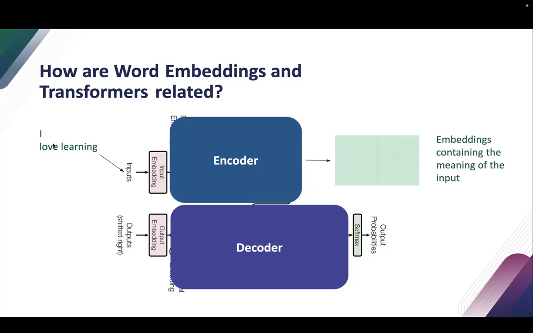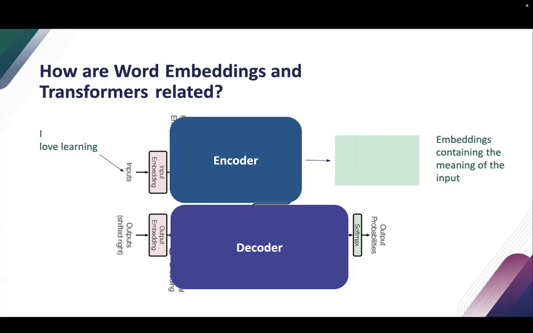This would go in your transformer. The whole sentence would go in the encoder part, and the output of your encoder would be a numerical version of the sentence, I love learning. So the output of your encoder is where all of the meaning of the whole sentence is, that's really the key element.